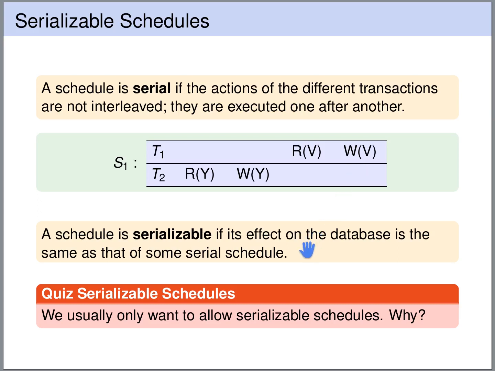If a schedule is serializable, then the actions may be in parallel, but the effects of these actions are the same as if the users would work after one another. So if a schedule is serializable, then we do not have the concurrency anomalies: dirty read, inconsistent read, lost update, and so on.